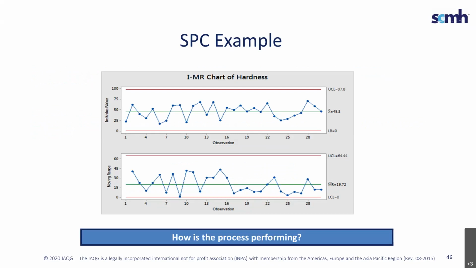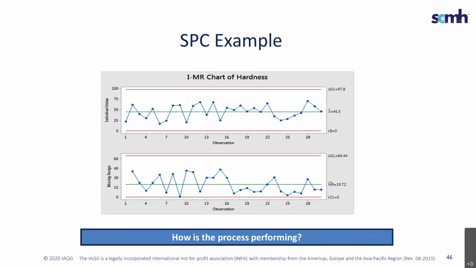I ran it with the standard control limits of plus or minus 3 standard deviations. I don't see any special cause there. I look below at the moving range. There are no special causes there. As I mentioned, the lower control limit of a moving range is always going to be 0, by the way, because that means the samples did not vary over time. But anyway, everything looks good.